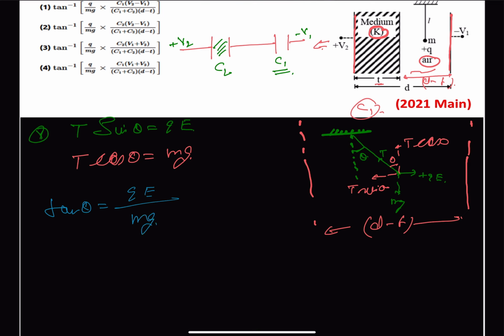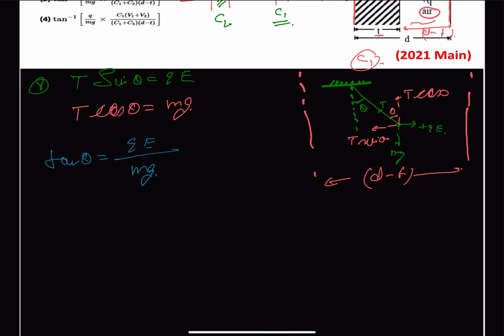Okay, so this is the first half. In the second half, the solution is to be in terms of the voltages as well as the capacitances: V1, V2, C1, C2 and D minus T, the distance. So let's find out C1 and C2.